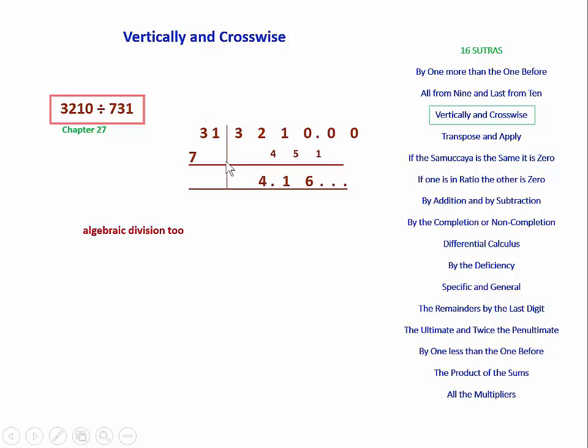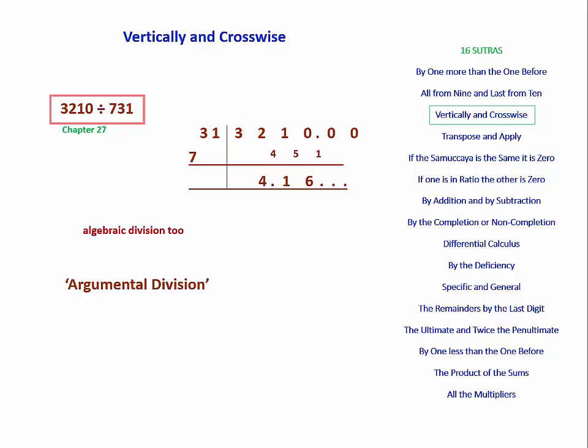But sometimes the divisor is a little awkward and we need to adjust the numbers that we're working on to make them work well with the vertical and crosswise division. And so one might ask, what are the techniques that we can use to alter the given division, or what alternative division techniques are there?